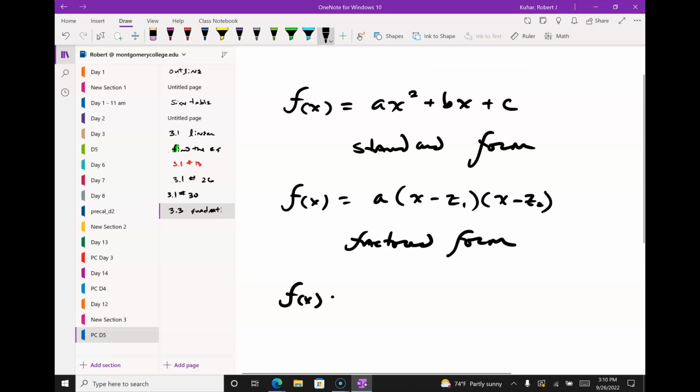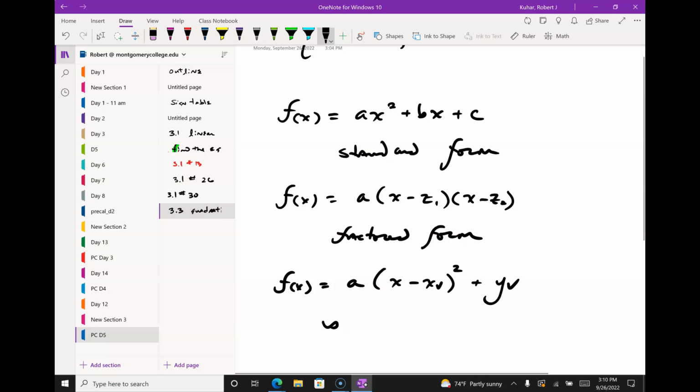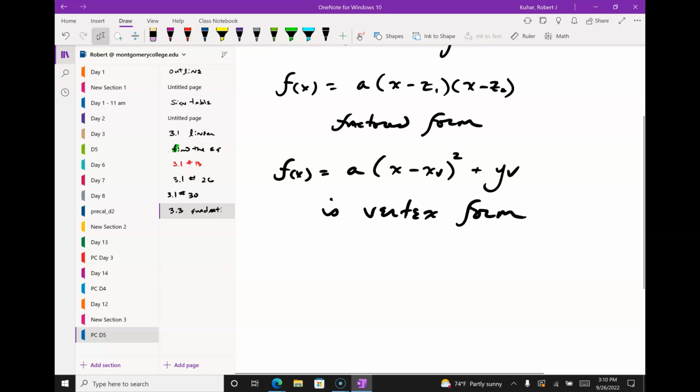f of x equals a times x minus x sub v, squared, plus y sub v is vertex form, where the vertex is x sub v, y sub v.